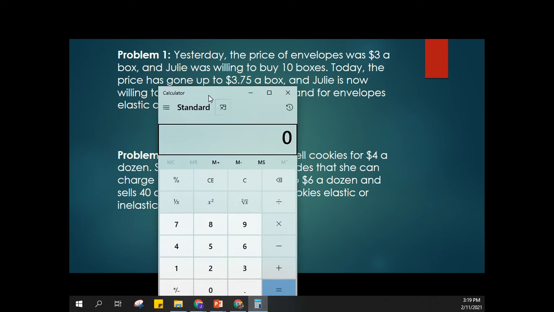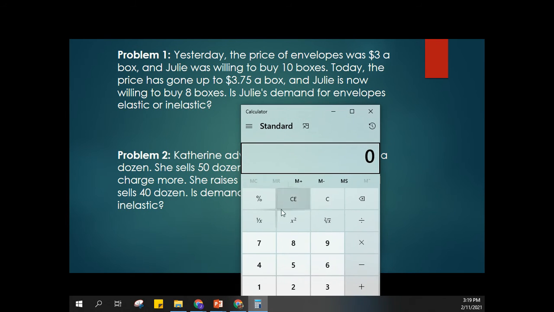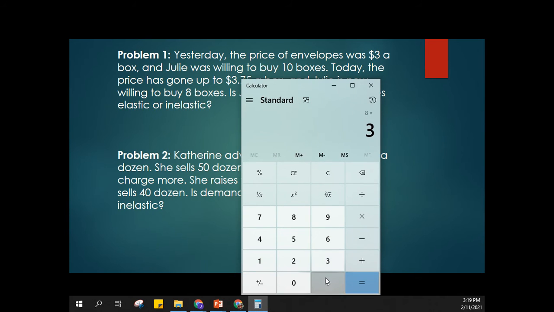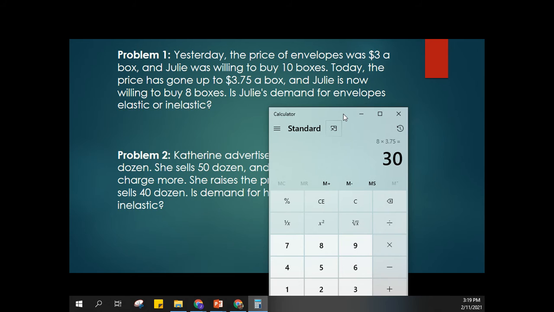So here we're going to do 8 times 3.75 equals 30. Okay, so Julie is willing to still spend $30.